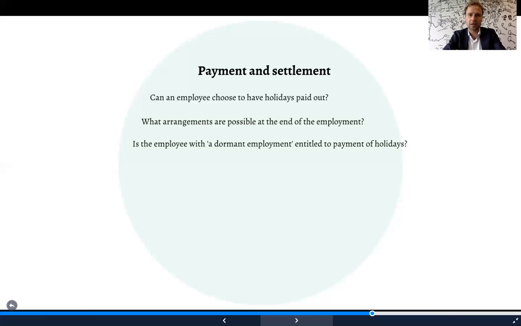Based on case law of our Supreme Court, those employees now can request the employer to terminate the employment contract and pay the transitional payment, which is then compensated by the UWV. Such employees, that we call a dormant employee or slapend dienstverband, are they entitled to payout of holidays? Yes, they are. And it's against 100% of their salary.